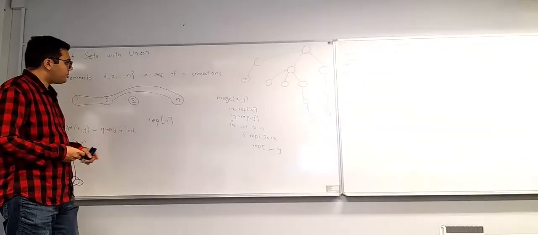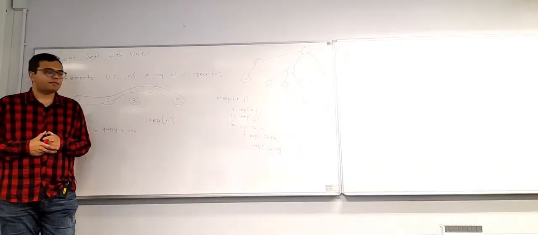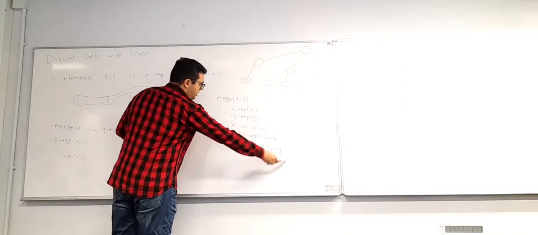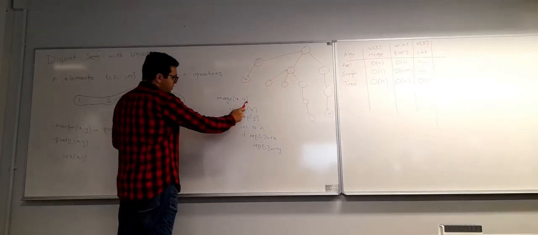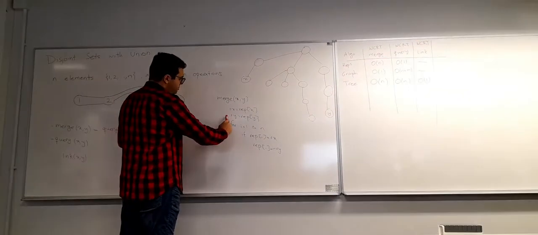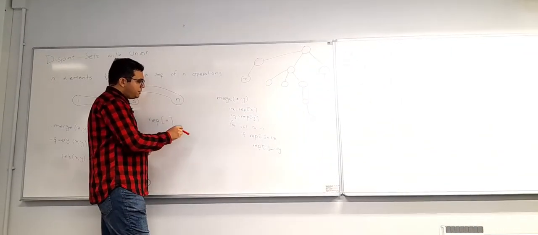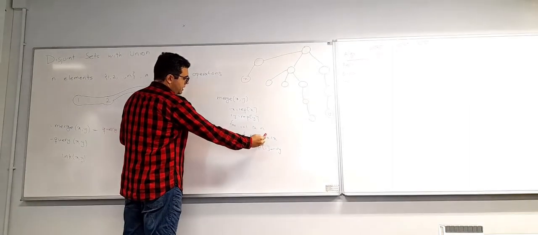Let's go back to our original idea where we had a representative for every set. Look at this merge function here. What I'm doing is that I'm taking the representative of both sets, and this is super cheap. I'm doing this in constant time. But then I'm doing this really stupid part where I'm going over everything in my sets.